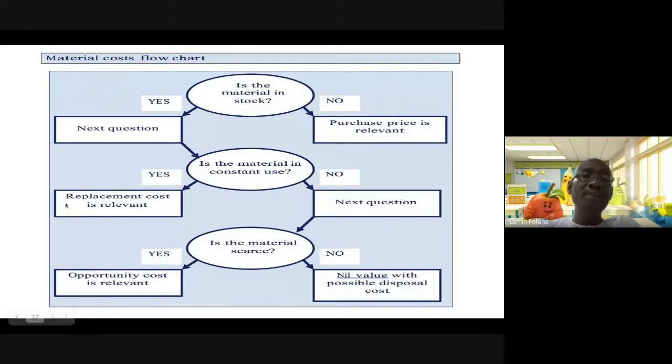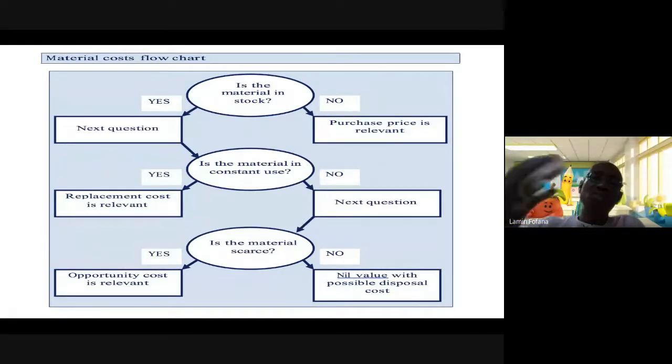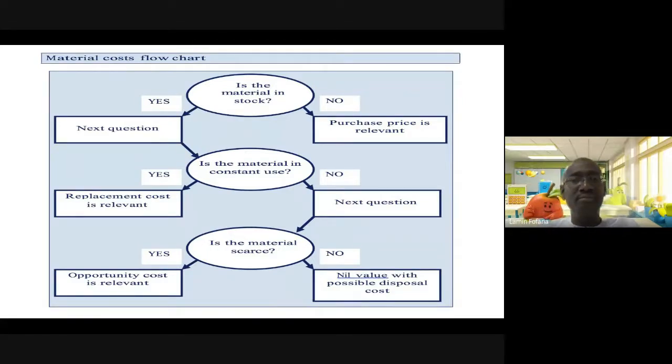So whatever replacement cost you incur will be a relevant cost. So you have to calculate the amount of material you're going to use and then use the price, the market value, and charge this order with it. Okay, is that clear?